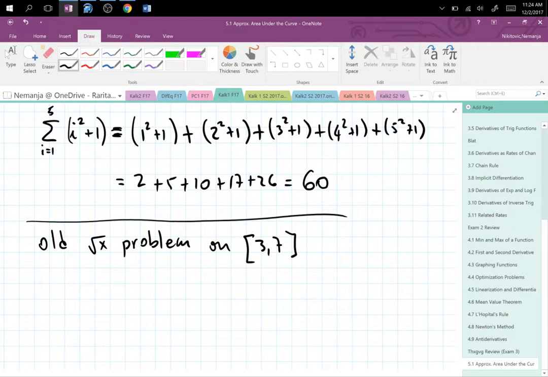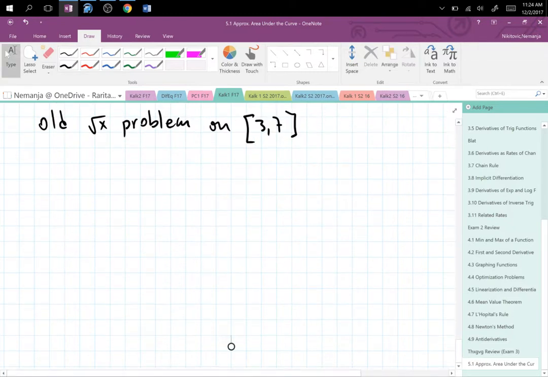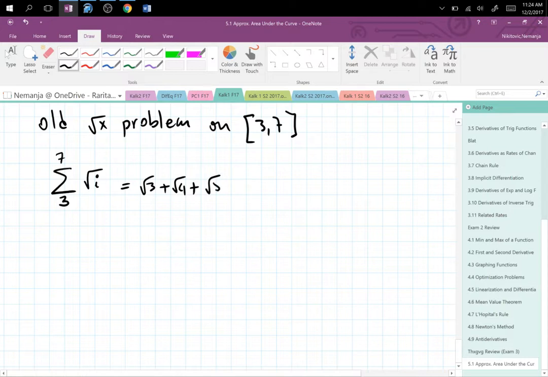There is an easy way to write the entire problem by stating that you're summing values 3 to 7 of square root of I. So that's root 3 plus root 4 plus root 5 plus root 6.